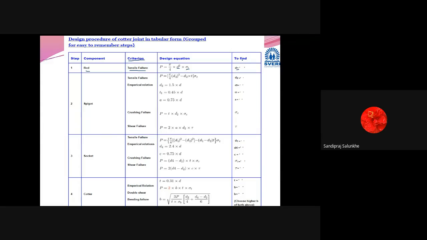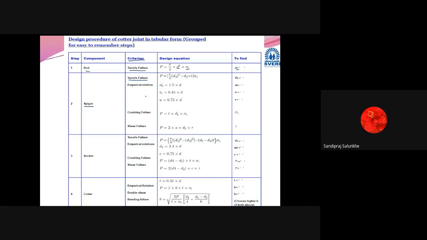The next part we have taken for the design is the spigot. For this spigot, we have considered various criteria of failure. First of all, we considered that it will fail in tension. Which part will fail in tension?